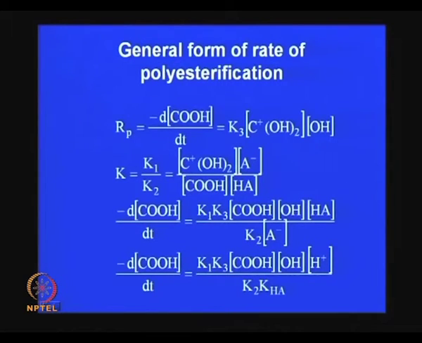Here carboxyl groups or hydroxyl groups are reactants. So rate is calculated here: the time taken by you people to go out of this room, the number of people going out divided by time, that is the rate. 2 persons in 5 seconds, so 2 by 5 gives you an idea of the rate.